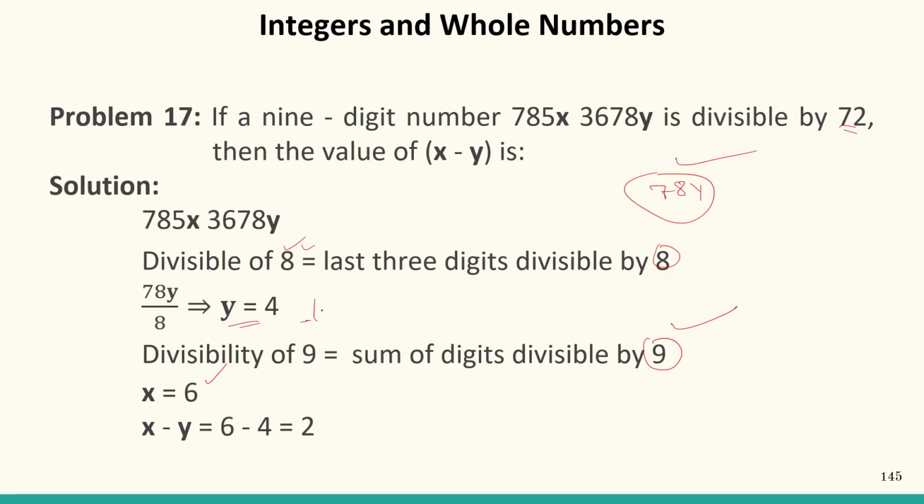So up to this, we have arrived at the conclusion that the number must be 785x3678 4. So we now just evaluate this one. Divisibility of 9: the sum of all the digits must be divisible by 9. So this implies x is equal to 6. So x minus y is equal to 6 minus 4 is equal to 2.